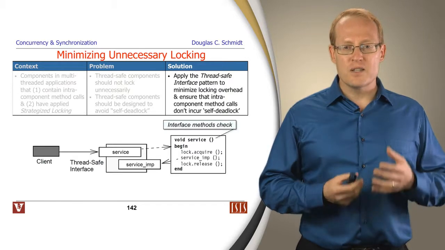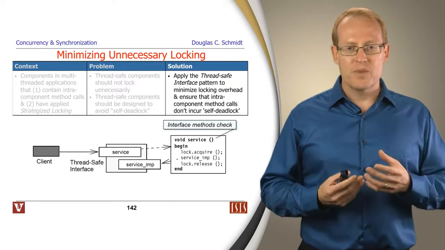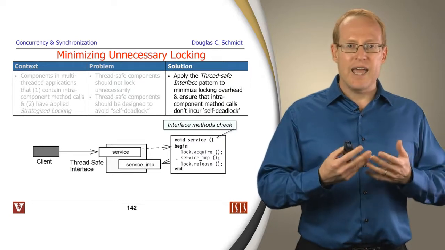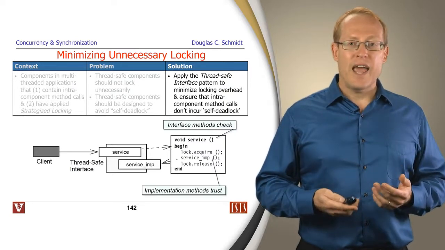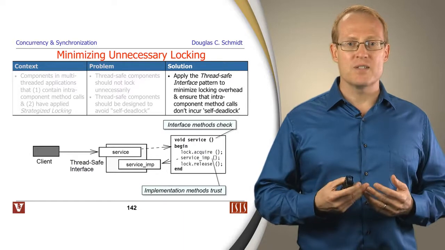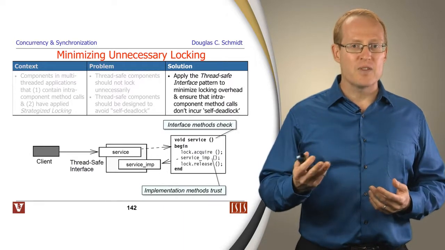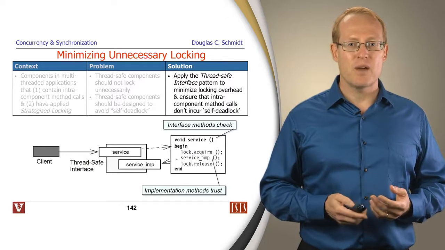What it does is it splits the world up into two parts. It has interface methods that check and do very little work, and it has implementation methods that trust and do work. And implementation methods only call other implementation methods.